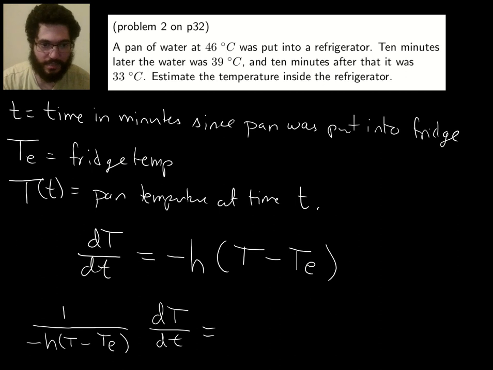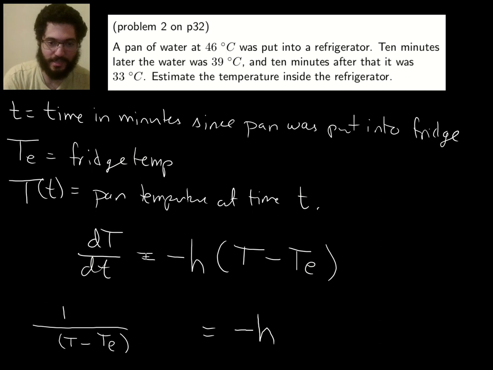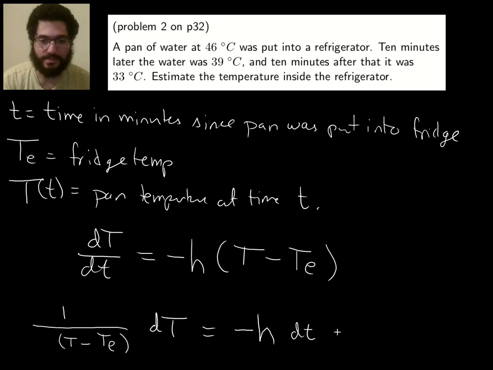And like last time, I actually prefer putting that h over there, just so that when I start doing integrals, I don't make so many mistakes with minus signs. And I'm actually going to split up the dT and dt. Like I mentioned last time, that's a way of skipping some steps in the change of variables in your integration.